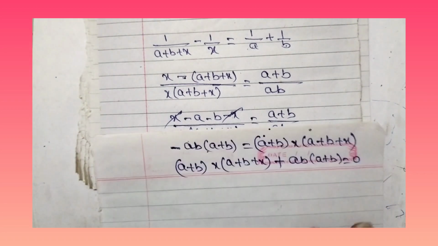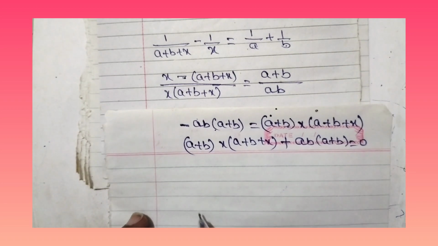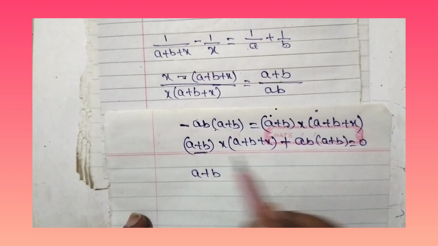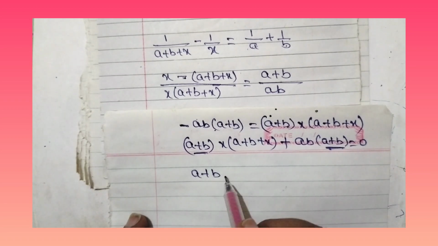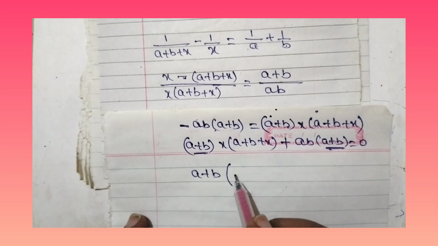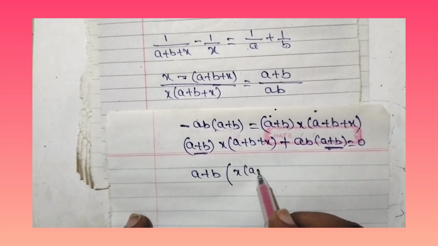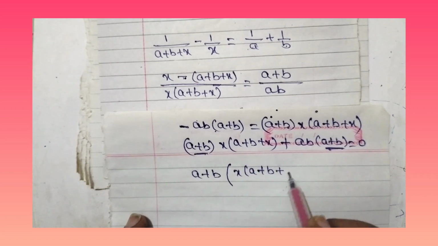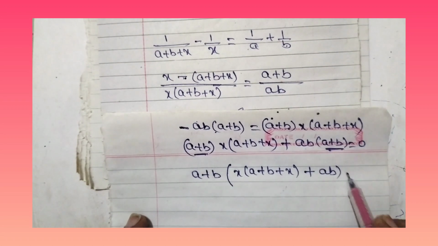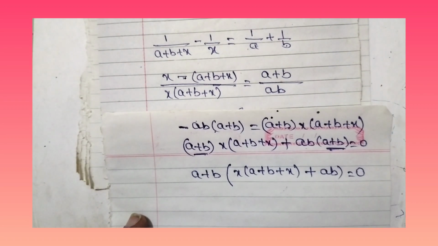Now let us take a plus b common, since it is there in both terms. The remaining is x into (a plus b plus x) plus ab, which is equal to 0.